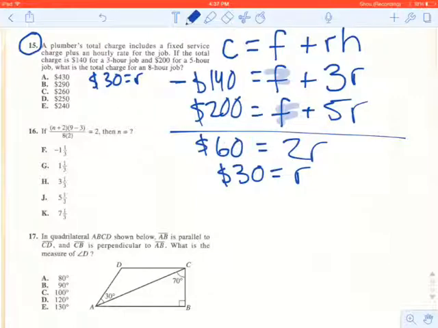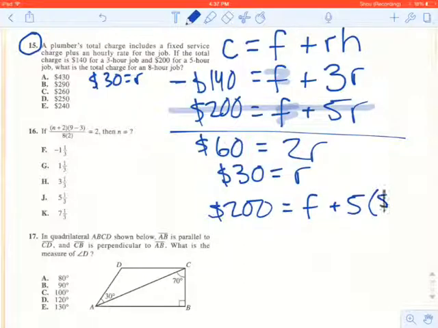Now let's plug that into one of the equations, it doesn't matter which, and solve for F. So let's just do the bottom one here. So $200 equals F plus 5 times, and now we know R is 30.